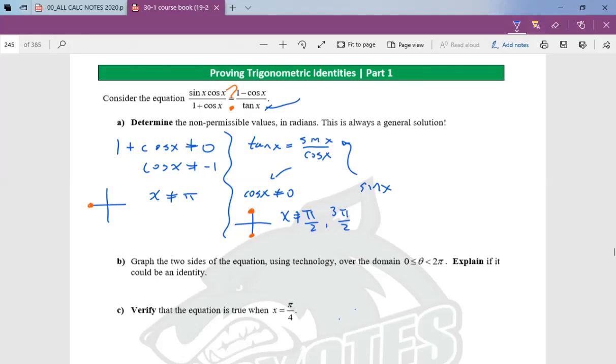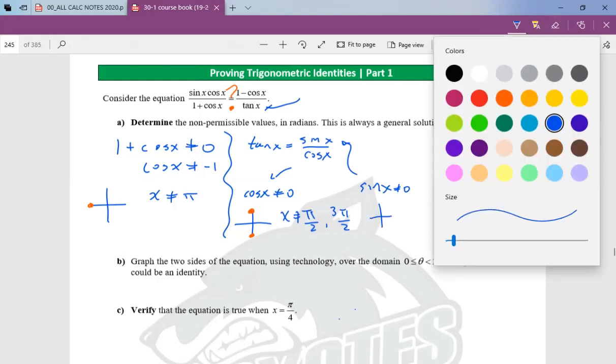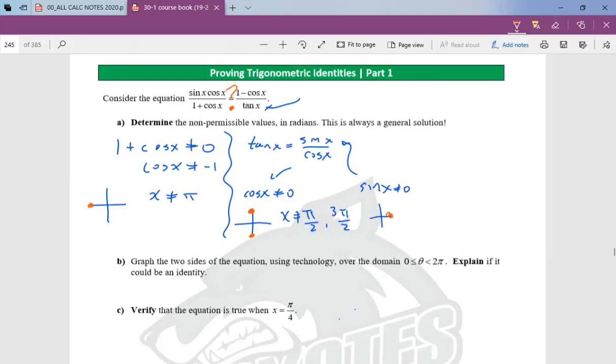So therefore, sine x cannot equal 0. Where does that happen? Sine x is 0 here and here. So therefore we conclude x cannot equal 0 or pi.